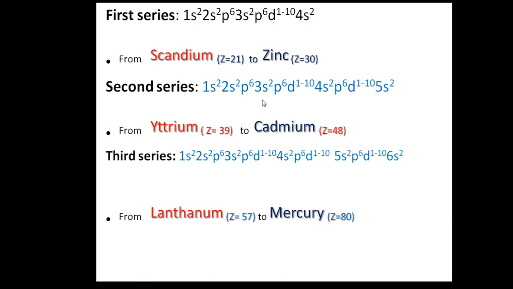The third transition series starts with lanthanum, where the atomic number is 57, and ends with mercury, where the atomic number is 80. Overall, in the first to third transition series, all 10 d electrons are present.